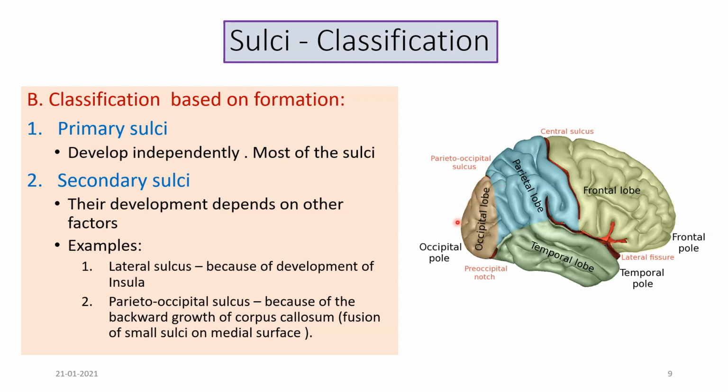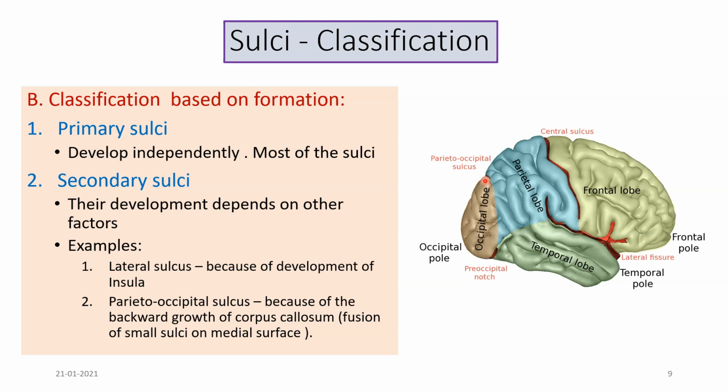So what is the basis for the development of this sulcus? So this sulcus has developed because of backward growth of corpus callosum, the white band of fibers connecting the two cerebral hemispheres. So because of the backward growth of the corpus callosum, the parieto-occipital sulcus is formed.